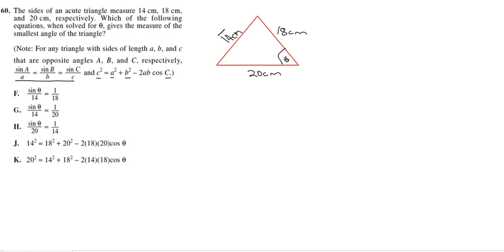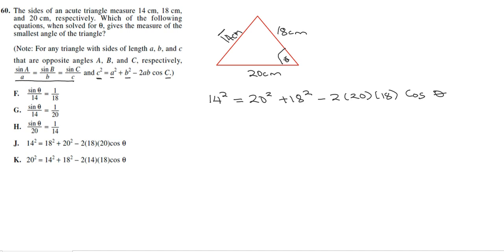So that means we're going to start with the side that is opposite the angle. So we're going to say 14 squared, which is our C here, because it's the side opposite the unknown angle. 14 squared is equal to 20 squared plus 18 squared minus 2 times 20 times 18 cosine theta.